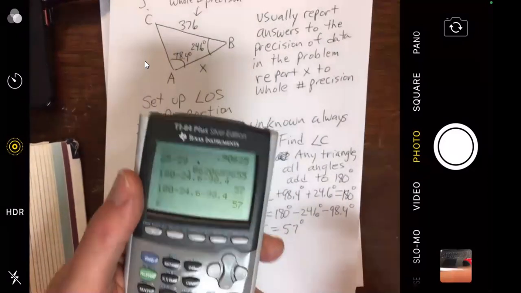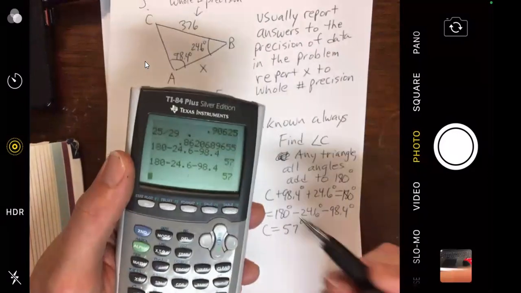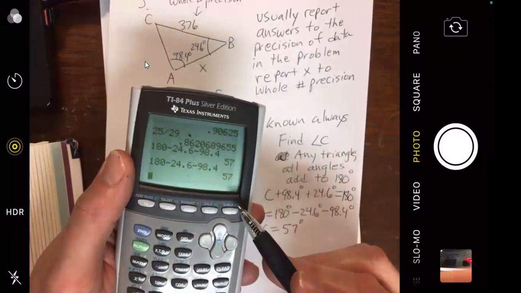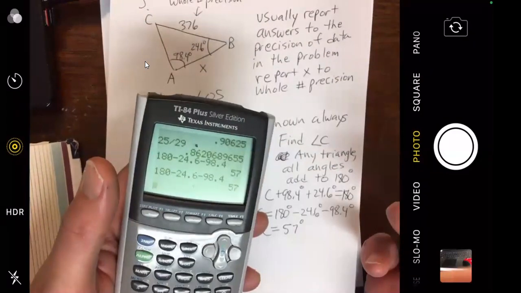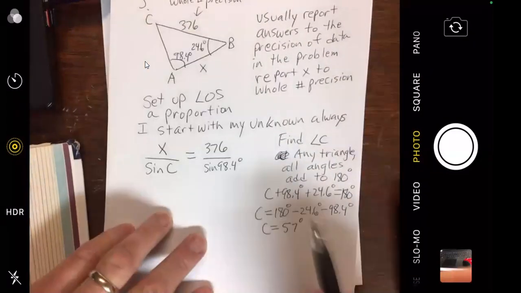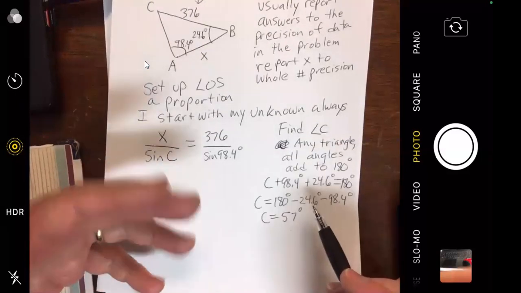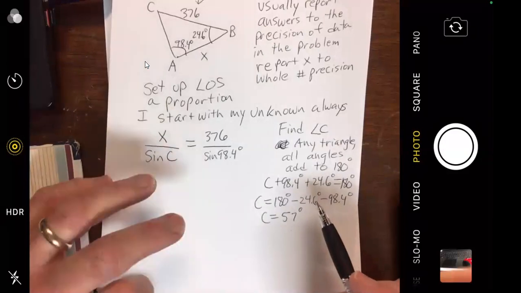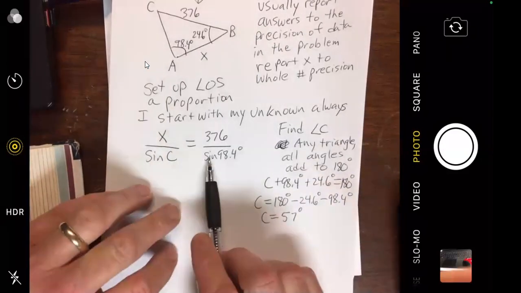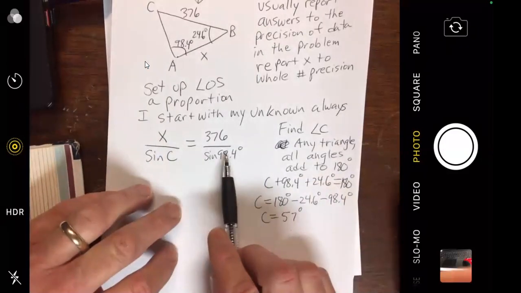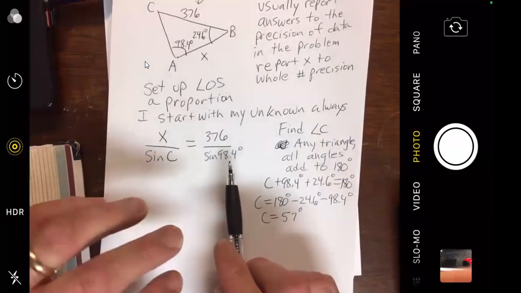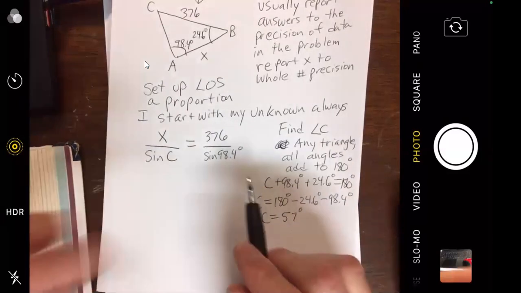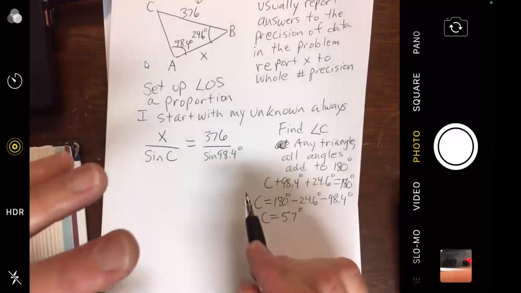Amazing, it's still 57. I got the same answer in radian mode and degree mode. How can this be? Because this is just arithmetic. You're combining numbers themselves, and the calculator doesn't care if they're in radians or degrees. It's only when you compute the sine of something in degrees, or a cosine or a tangent, that you've got to be in degree mode. If you're computing a function, you've got to pay attention to the mode.